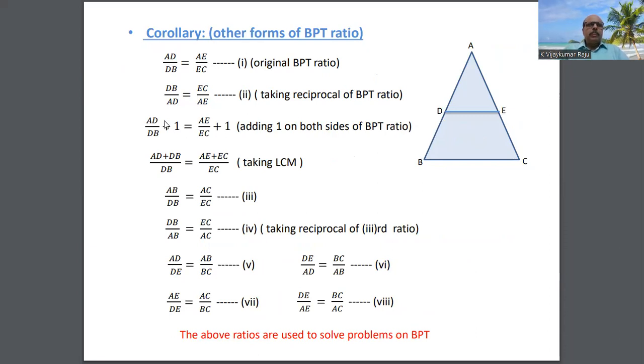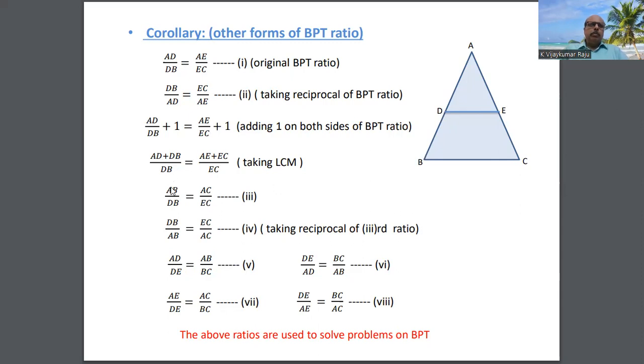Add 1 on both sides to the original ratio. So AD upon DB plus 1 is equal to AE upon EC plus 1. Let's take the LCM. It becomes AD plus DB upon DB is equal to AE plus EC upon EC. Now, if you look at the figure, AD plus DB is the complete side AB.